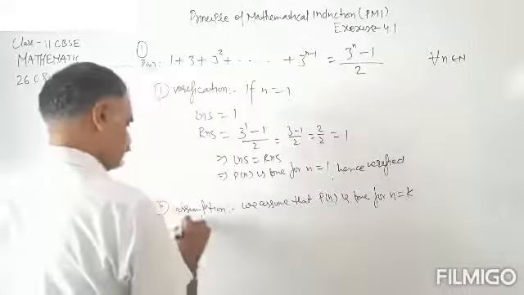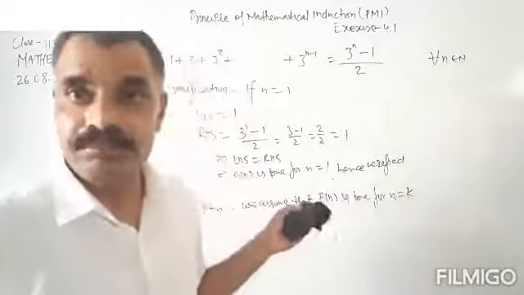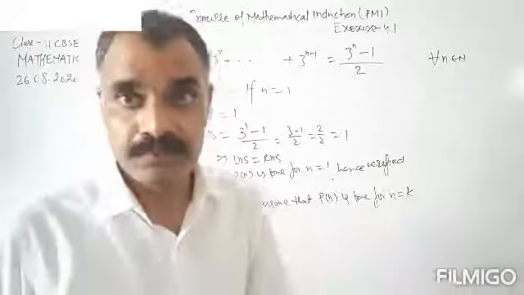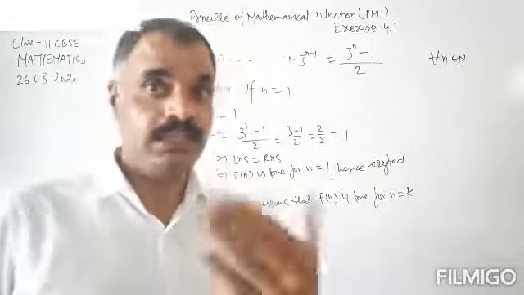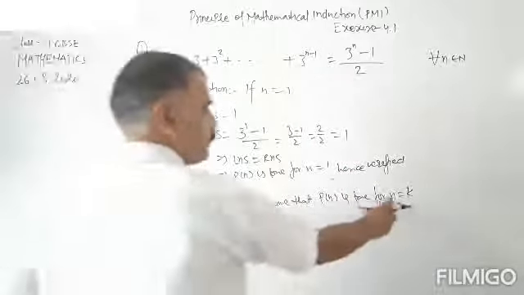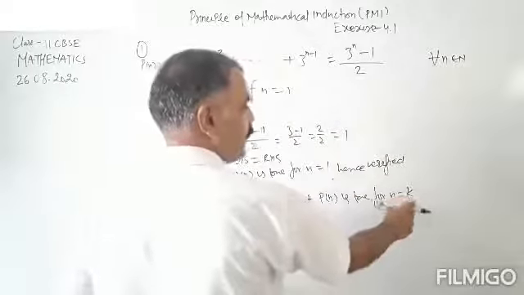That is, we have assumed that the given mathematical statement is true for n equals k. What we have assumed is that for n equals k, so we will write down this statement up to n equals k.